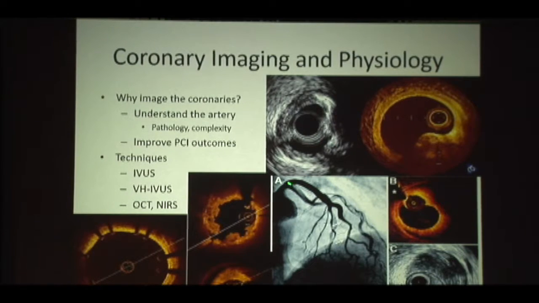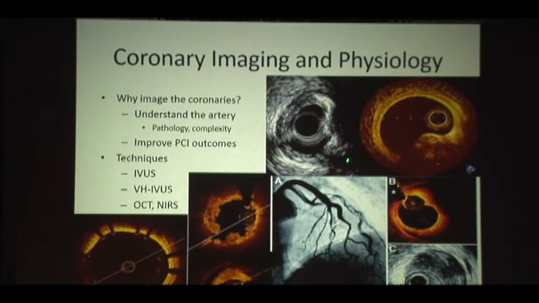These are some of the things you can see with coronary imaging. I'm showing you pictures here of IVUS and OCT showing a focal area of heavy calcium. These are arteries that you just cannot effectively dilate with a balloon. By understanding this, it allows you to move to other techniques that help you degrade some of this calcium so you can expand this stent much better.